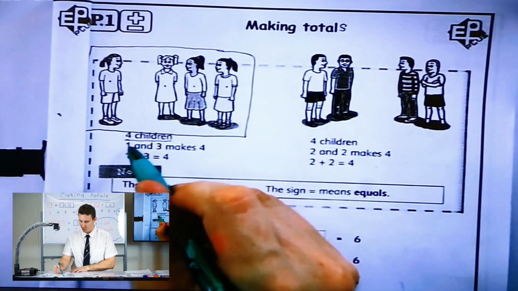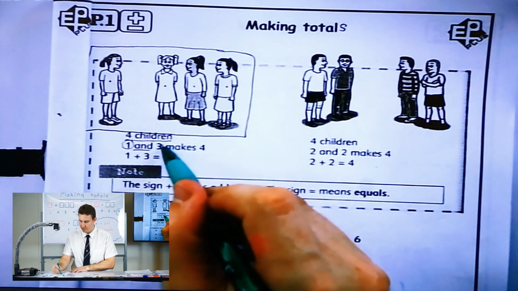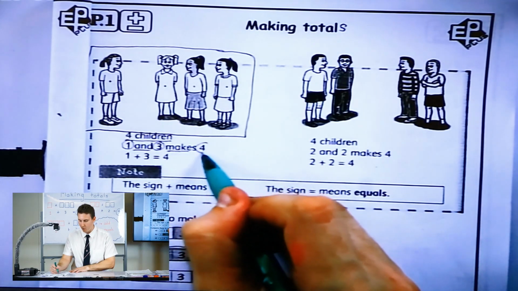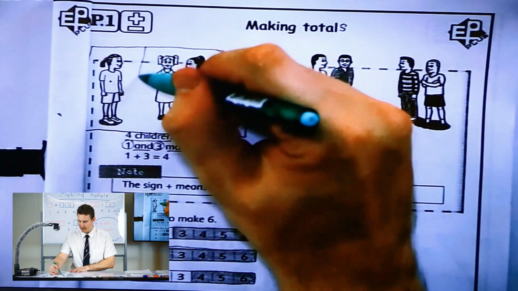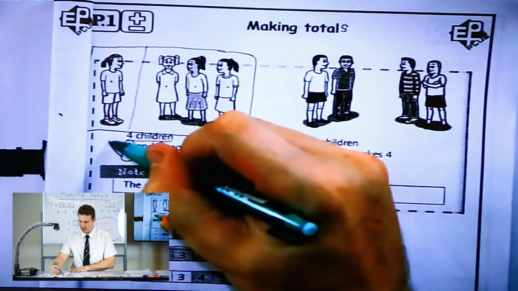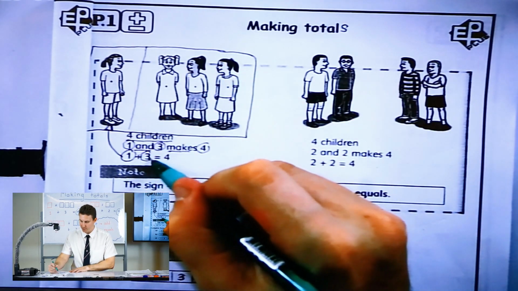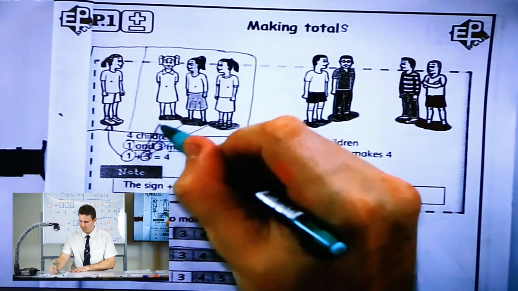And we have 1 and 3 makes 4. So if there was a line there, we have 1. So this will be the 1 student. And we have 3. 1, 2, 3.